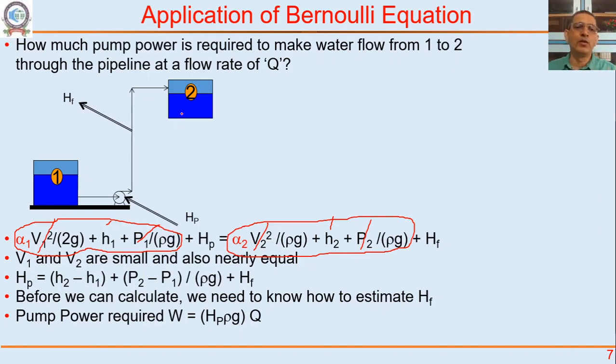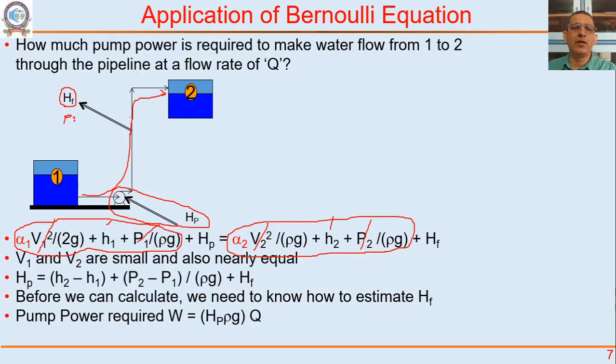So the way we can do that is only if we add energy, and we are going to add energy with the help of a pump. So I will need to add energy to make it go from 1 to 2. And in the fluid going from 1 to 2 through this pipeline, it will have to overcome friction, and therefore head or energy is lost in overcoming friction in the pipe.